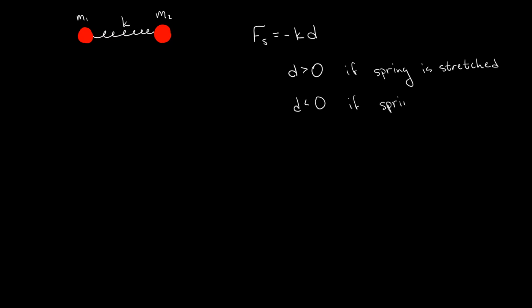And so we know that if we have a spring, the force exerted by the spring is going to be equal to minus K times the distance that it's stretched, where we'll define D to be positive if the spring is stretched, and D will be negative if the spring is compressed.